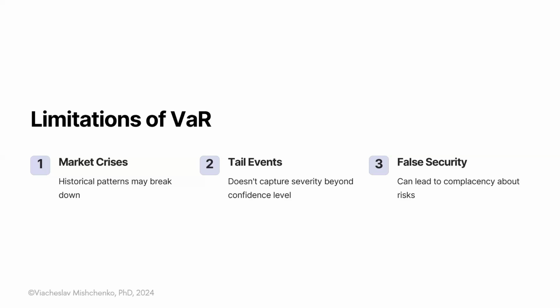And as we discussed, its biggest weakness is maybe exposed during market crisis when historical patterns of volatility and correlation can break down dramatically. For example, in normal times, corporate bonds and stocks often move in opposite directions, as you may know from the financial market course.